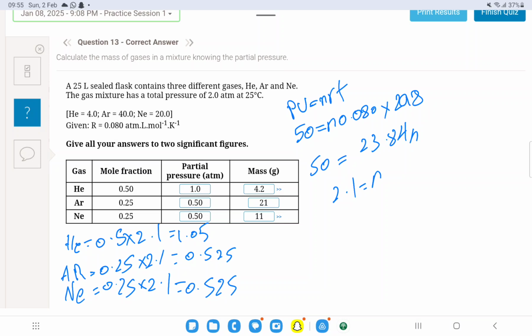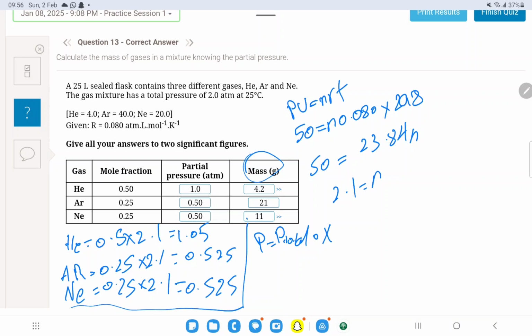So now we have the individual moles. Now we want the partial pressure. Honestly, I just realized that we don't need to do all of this for the partial pressure, though for the mass we do. So partial pressure is P total times mole fraction.